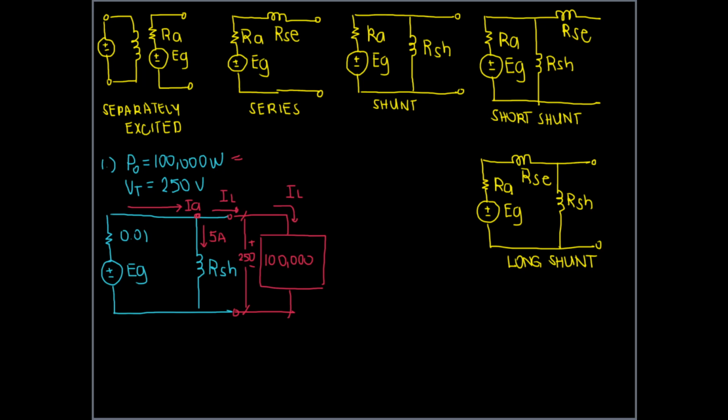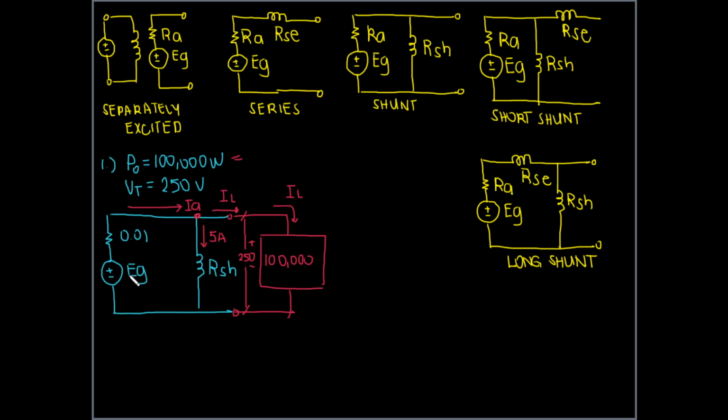So we will be starting with the analysis at this portion of the circuit. However, let's first try to recall what we need. We need the generated EMF. How do you solve for the generated EMF? We can solve for it if we do KVL at this loop.